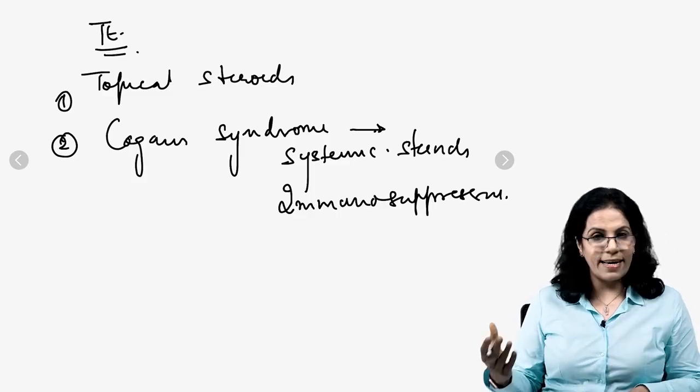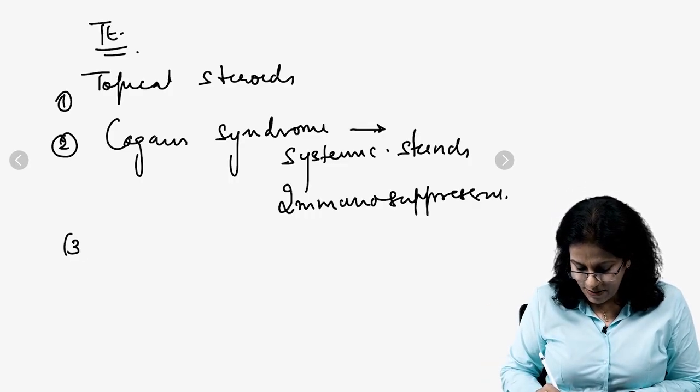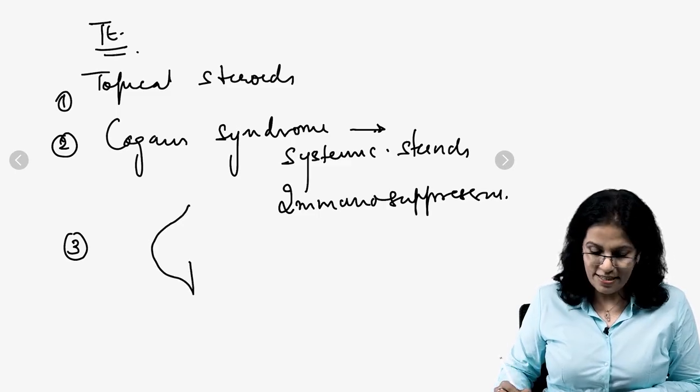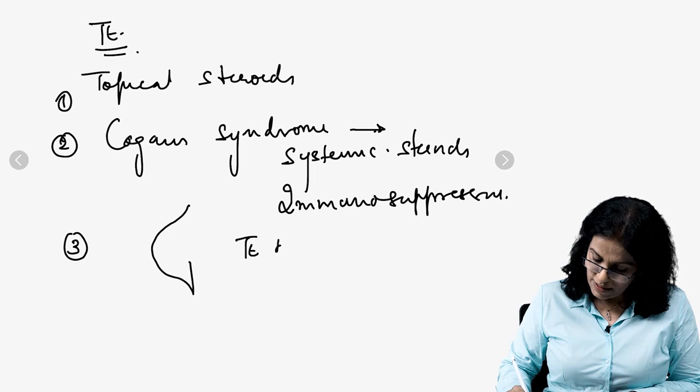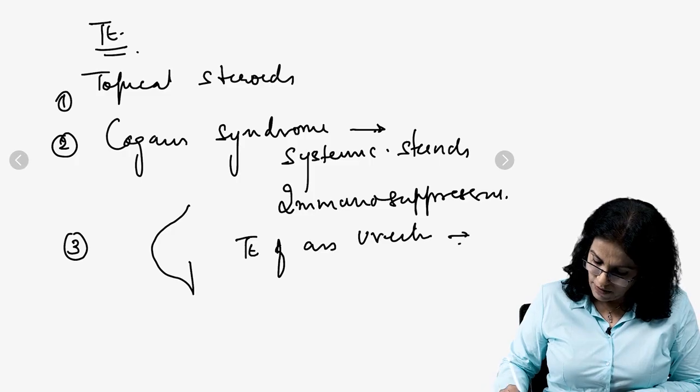Correct? Anything else we want to mention in the treatment part? Every keratitis can also lead to uveitis. So, treatment of associated uveitis. That is, along with the steroids, you have to give cycloplegics as well.